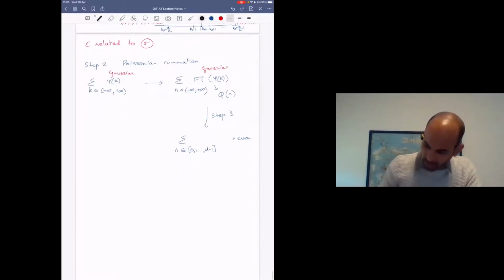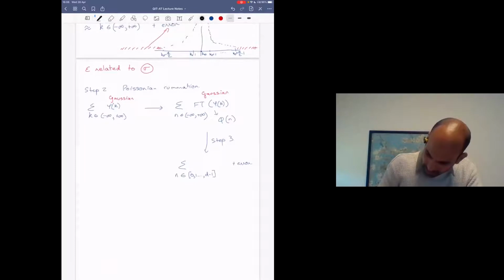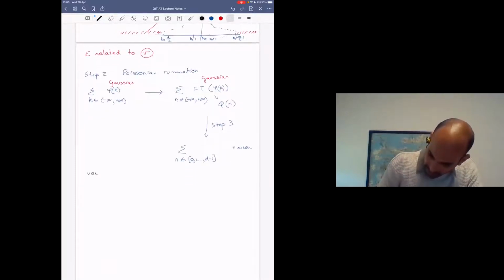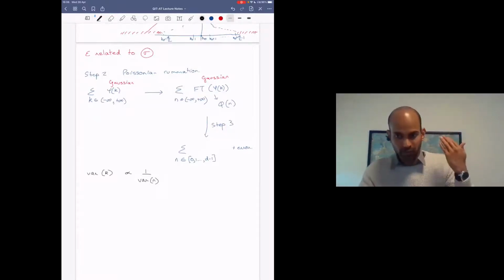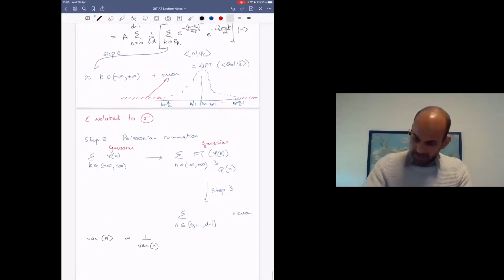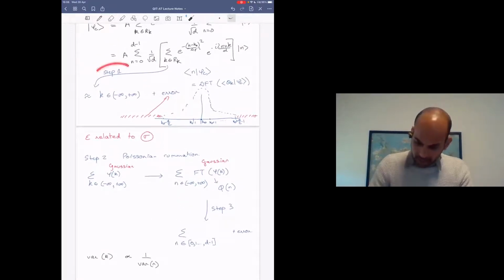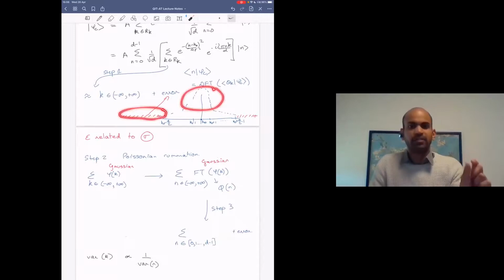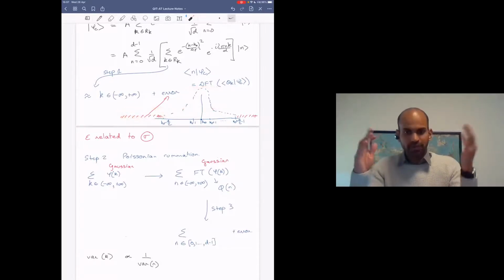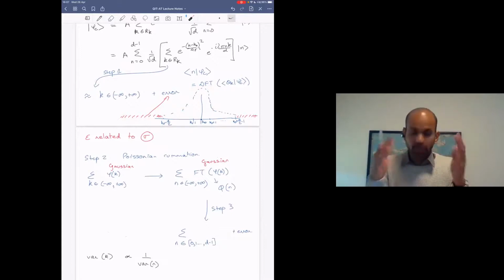But, and here's the important property, the sigma, the variance in K is proportional to 1 upon the variance in N. And this is the same thing as we saw in X and P. If you take the Fourier transform of a Gaussian in X, whatever its variance, you get the inverse variance in the Fourier transform basis, which means that when we do this procedure, imagine that in step one, we try to make the error of the tail as small as possible by making the variance of this function very, very small in K. So that when we change the sum over K from minus infinity to plus infinity to, from the truncated to the full line, we get as small an error as we like.